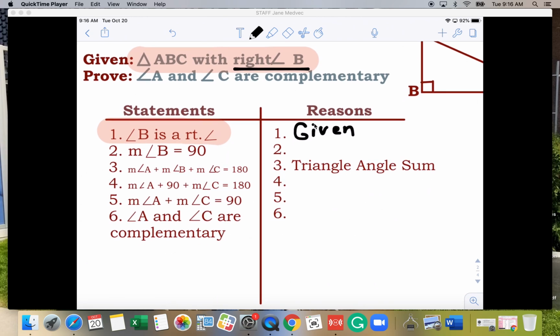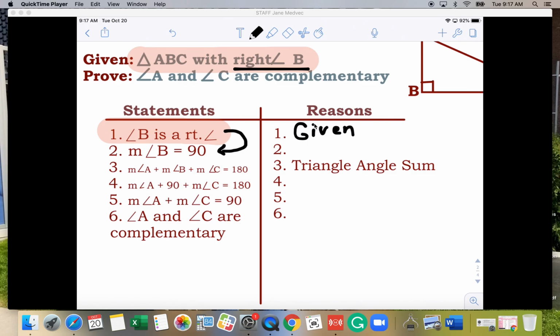Number 2 says that the measure of angle B is 90 degrees. You'll notice that that is not in the given statement. But looking at number 1 and going to number 2, what in number 1 tells us that the measure of angle B is 90 degrees? Well, what tells us that it's 90 degrees is the idea that B is a right angle.